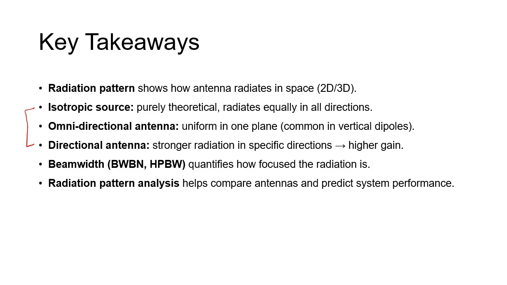And then the directional, which is the general one, and normally we expect it to be stronger in some specific direction, producing high gain. We have learned that there is beamwidth, either beamwidth between nulls or half-power beamwidth, which quantifies how focused the radiation pattern is. And simply, radiation pattern analysis helps us compare different antenna types and predict their performance.